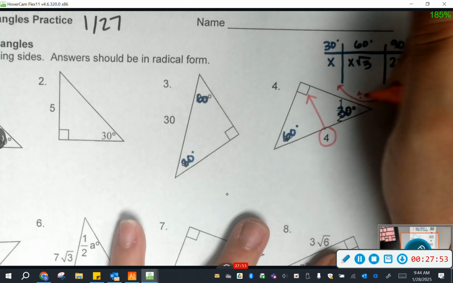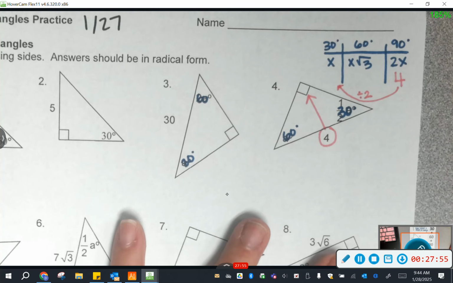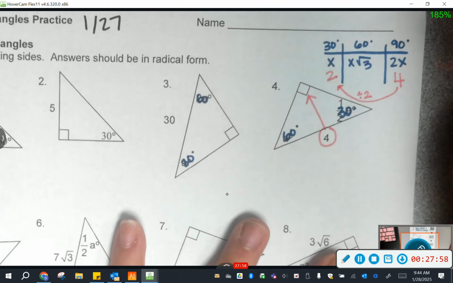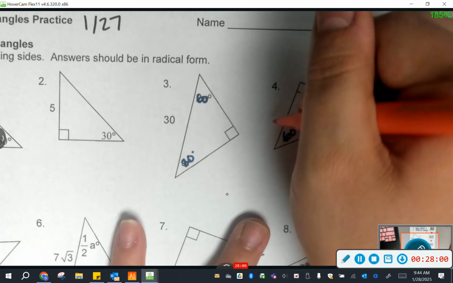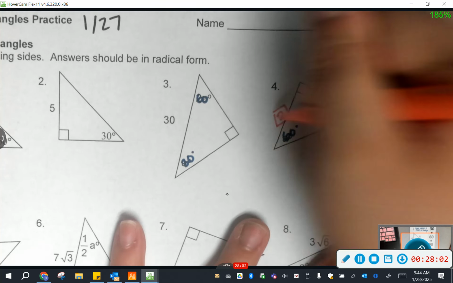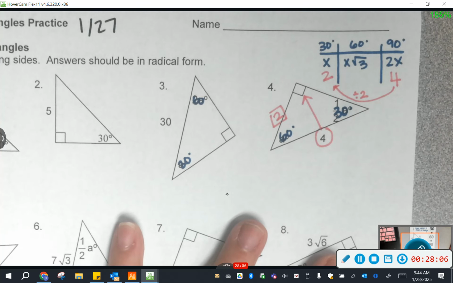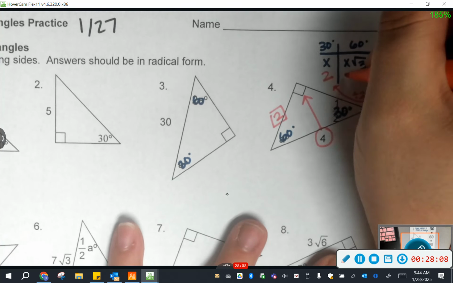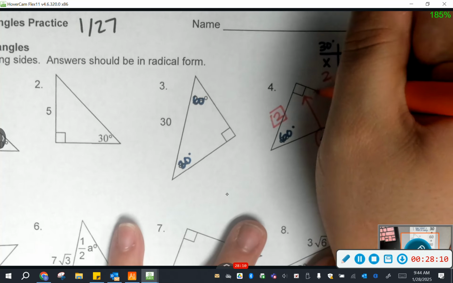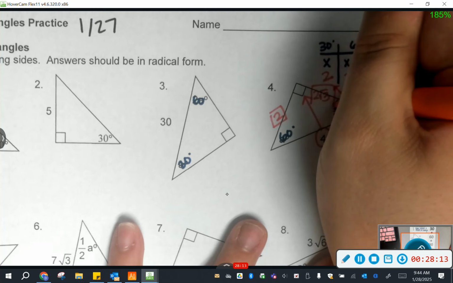Divide by what? 2. What is 4 divided by 2? 2. So across from the 30 is a 2. And then what's going to go in the middle column? 2 square root of 3. And that's going to go across from the 60. And we're done.